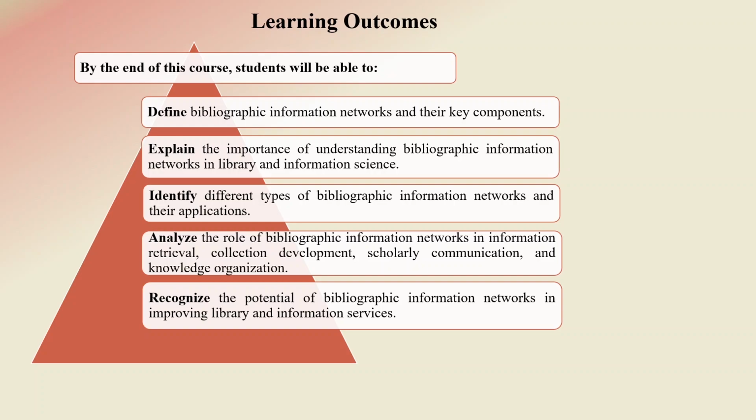Databases: bibliographical information networks provide access to a large number of databases, like union bibliographical databases. These databases can include bibliographical records from the member institutions, or databases purchased from the publishers.